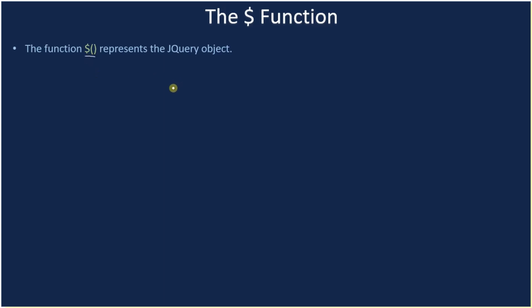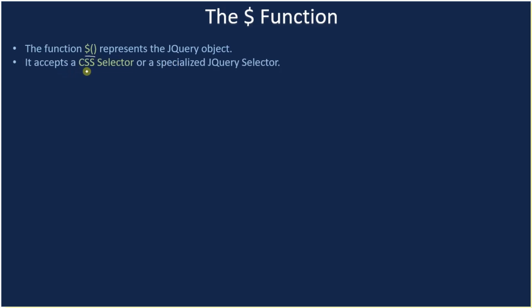So if you use some other JavaScript library, then the dollar represents by default the referred library. Since here we are using only the jQuery library, we can use dollar function to represent the jQuery object.